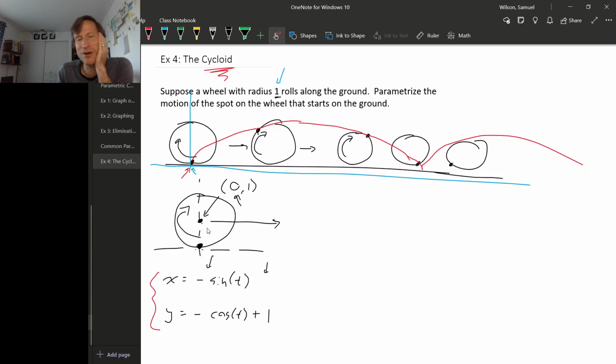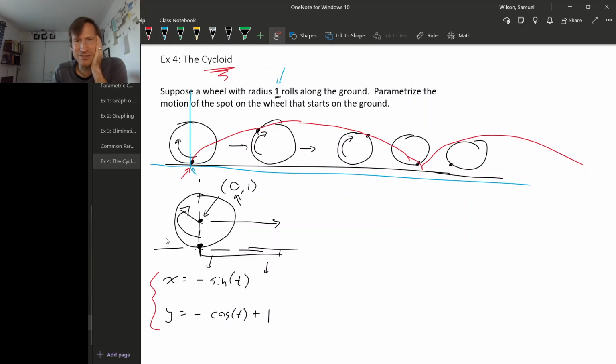The thing about a wheel rolling is that the angle that the wheel has rotated through is related to how far the wheel has moved. If there's no relationship between the angle that the wheel has rotated and the distance that it moved, then the wheel could move any distance without rotating at all. And that wouldn't be the wheel rolling, that would be the wheel being dragged along the ground.